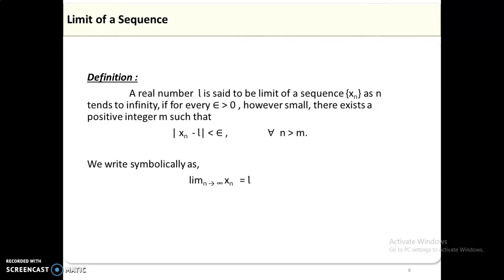We can write it symbolically as the limit of xn as n approaches infinity equals the finite real number L. That we call the limit of the sequence xn.